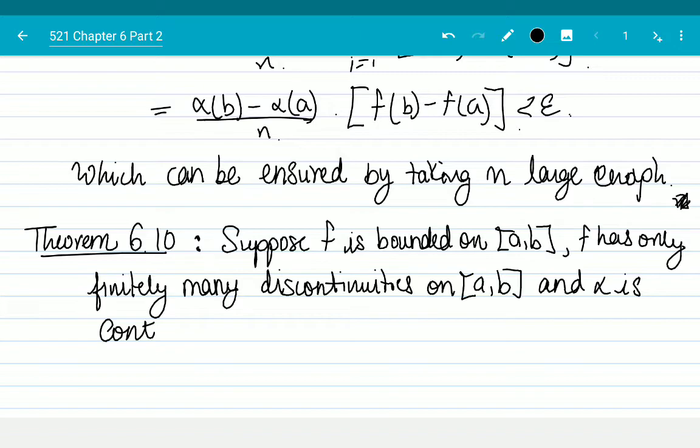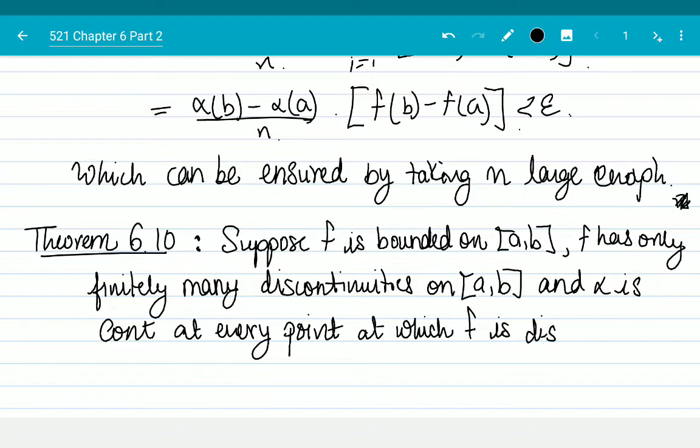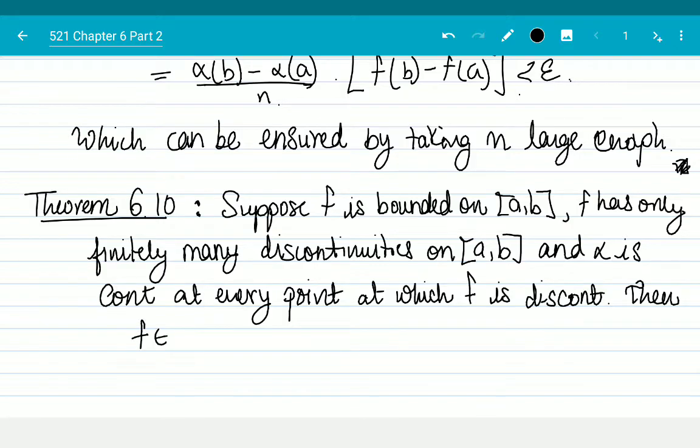I'm not saying that alpha has to be continuous everywhere, but at least it has to be continuous at every point where f is discontinuous. Then f belongs to R of alpha.